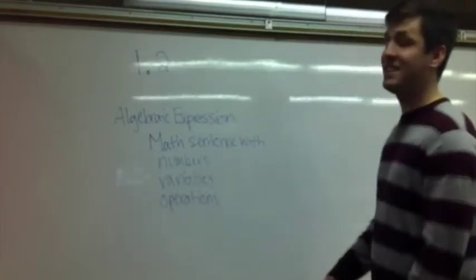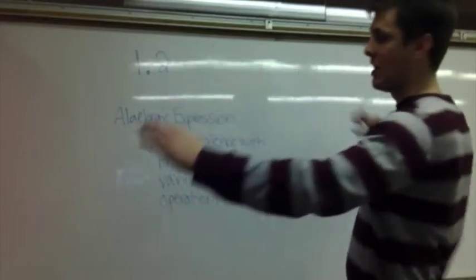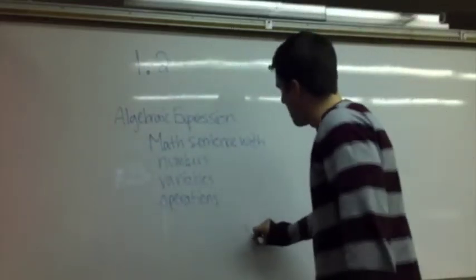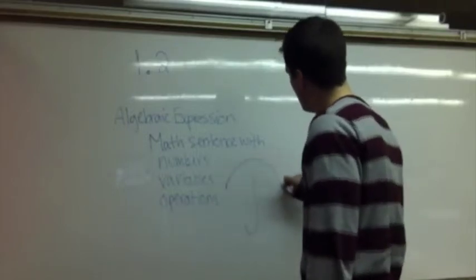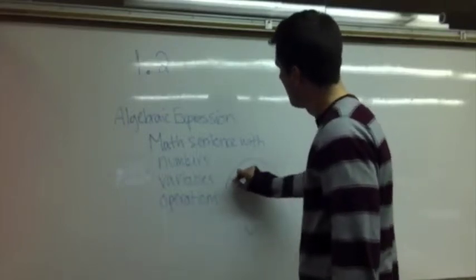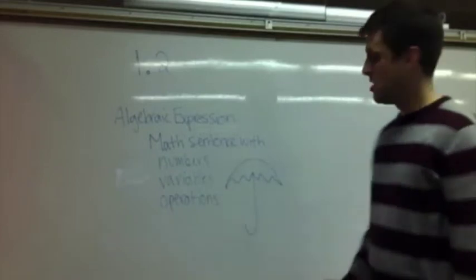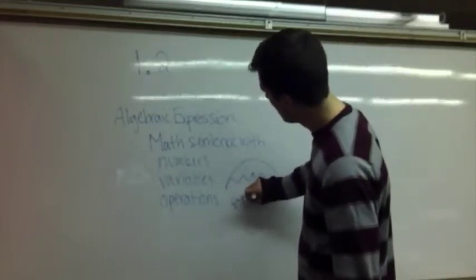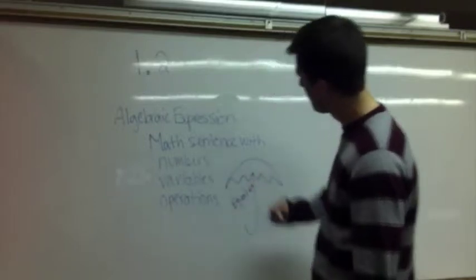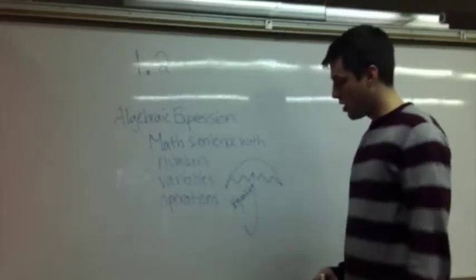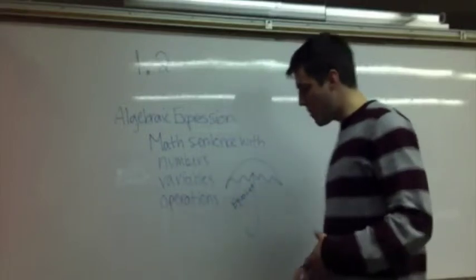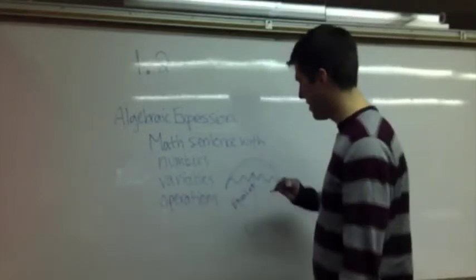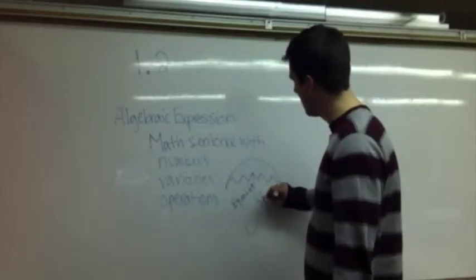Now, a math sentence is an umbrella term for a lot of things. So within a math sentence, and I'll draw my little umbrella here, you might have an equation, or maybe you have something without an equal sign, which I'm just going to say is a statement.